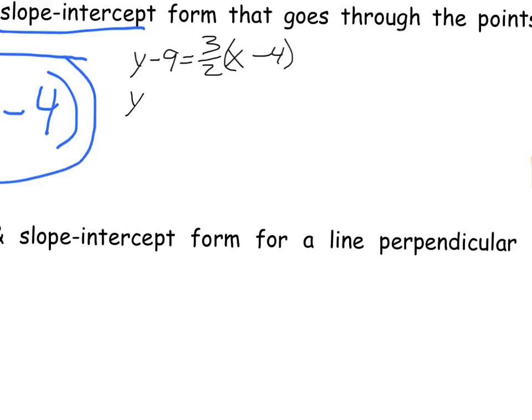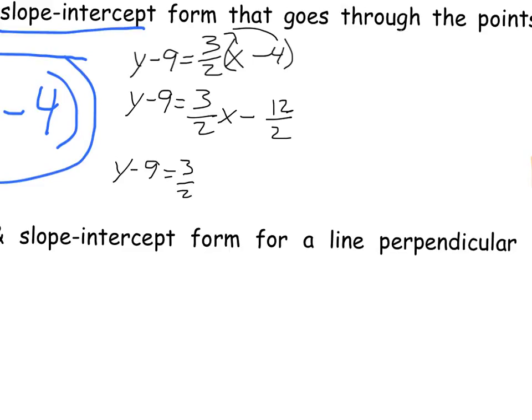So we're going to distribute the slope 3/2 times x, which is 3 over 2 times x, minus 3 times 4, 12 over 2, which can be rewritten as y minus 9 equals 3 over 2x minus 6.